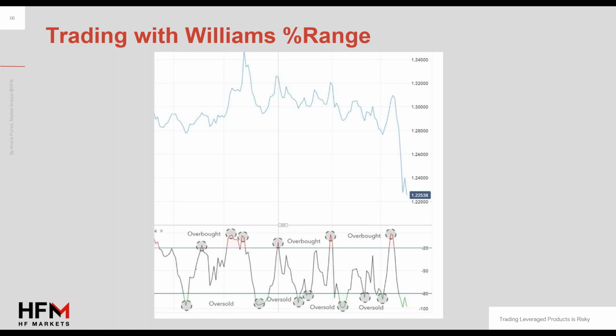If you haven't taken any positions on this asset, but you have noticed that it is overbought and it has turned below minus 20, that is a sign that you should open a short position.